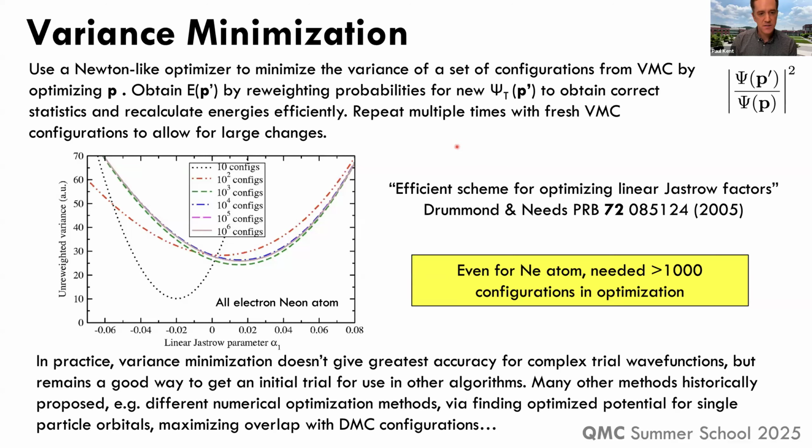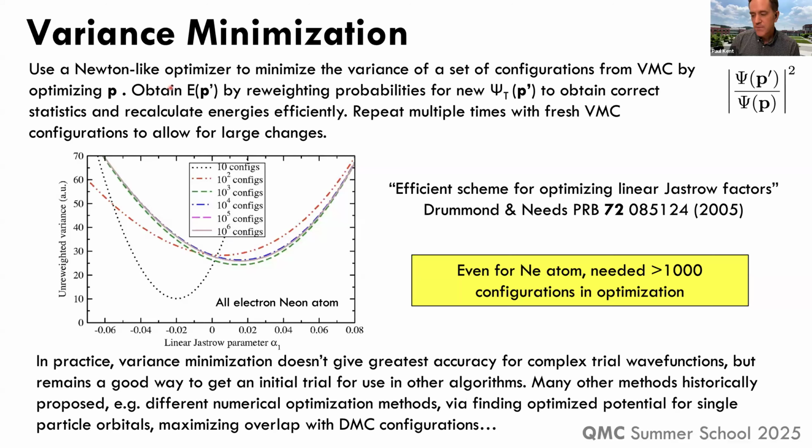So how does one do this? Well, one uses a Newton-like optimizer to update the parameters p, or coefficients, in the wave function. Since we can already evaluate the energy and variance of the wave function, in principle we have a scheme that we could implement already, but there are a few tricks used to make this efficient.